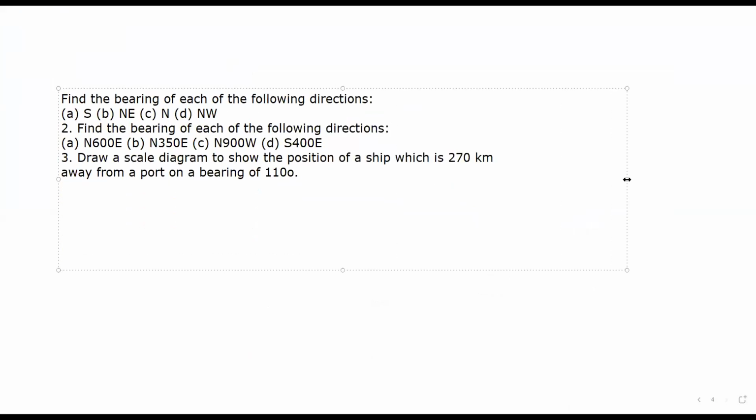So this is what you are having. Someone was asking about finding the bearing of south, northeast, then north. So they were basically talking about number 1, right? These ones here. Yes.